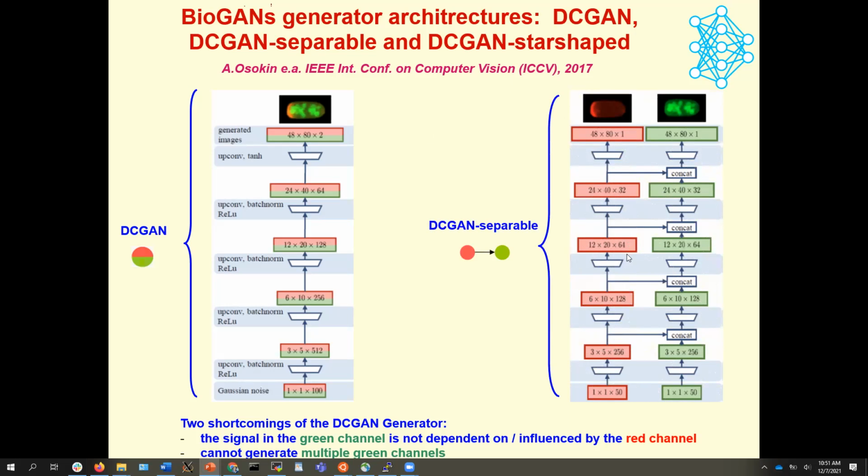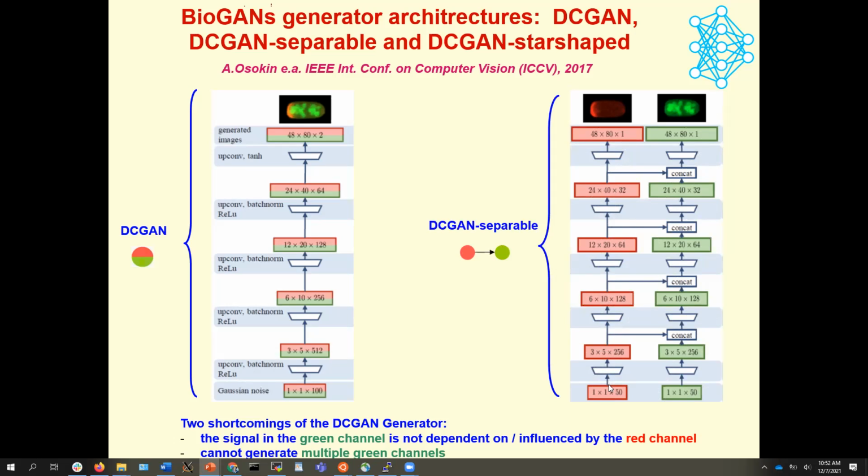Let's first consider the separable one and see how it differs from the regular DC-GAN architecture. In the separable architecture, the noise is split into two portions. Instead of using 100, we use two of size 50. And each of the portions is used to produce a separate channel, the green channel and the red channel.